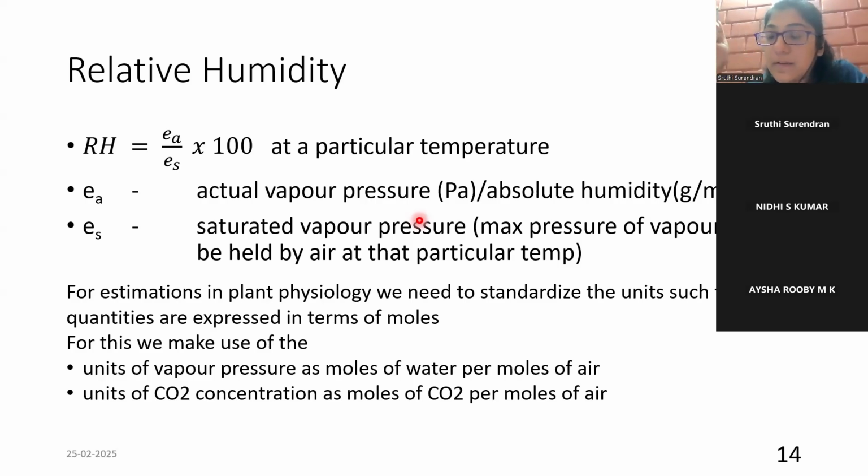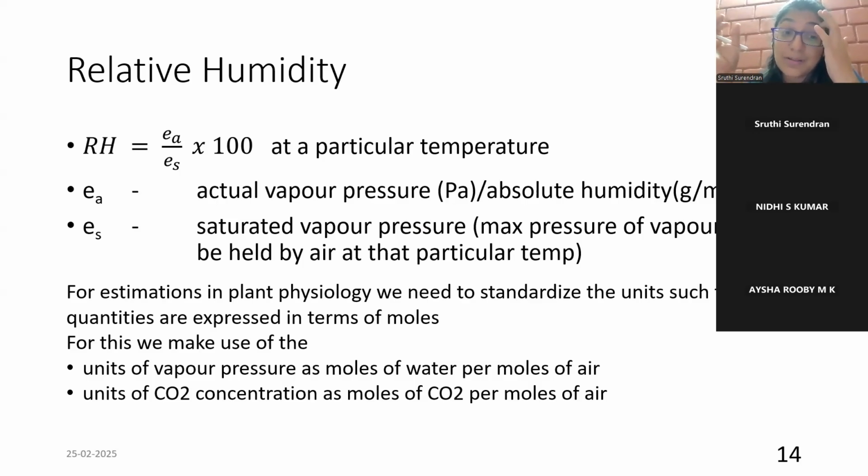So for each stomata, when you say that this much is the concentration of carbon dioxide entering, the value is going to be very less. So we have to express in terms of moles. That is why in plant physiology, this quantity is expressed in terms of mole fraction, millimoles of water per moles of air, or micromole. In carbon dioxide, we express it in terms of micromoles of carbon dioxide within this many moles of air.